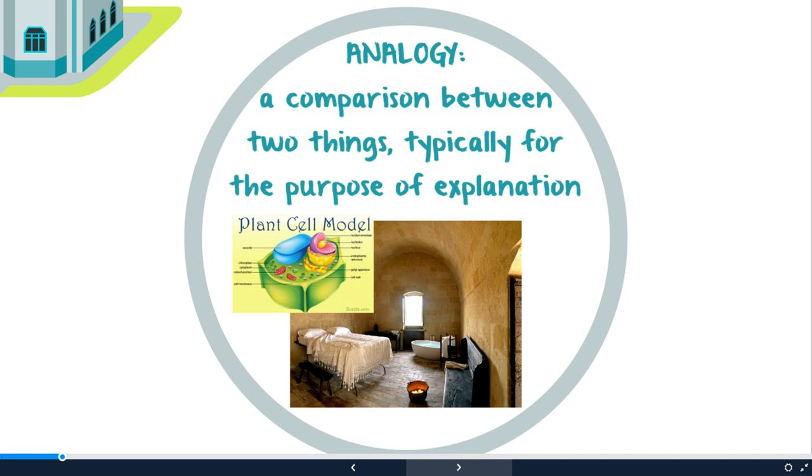So think of a jail cell, or in this picture, it's a monk's room, okay? Monks choose to live a very simple life, and they live in rooms that are similar to this one, okay? So cells are often compared to rooms or buildings or cities, and that helps us compare them to other things that give us a deeper understanding.